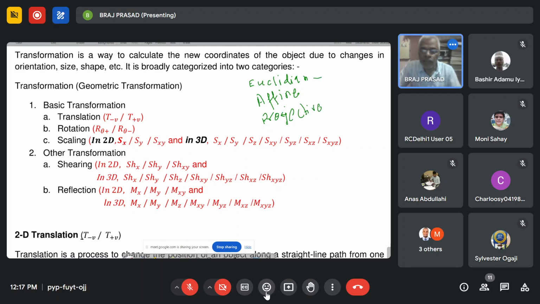In Euclidean, the transformations are translation and rotation. Translation and rotation are the part of Euclidean. In affine, the scaling and shearing. These two transformations are the part of affine.